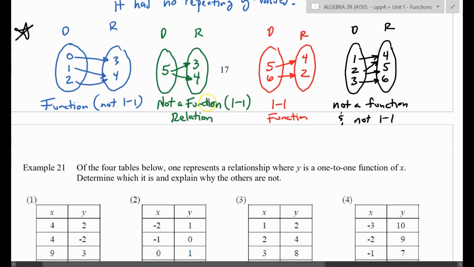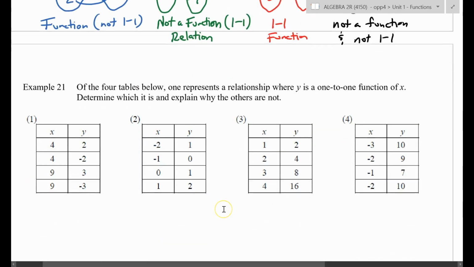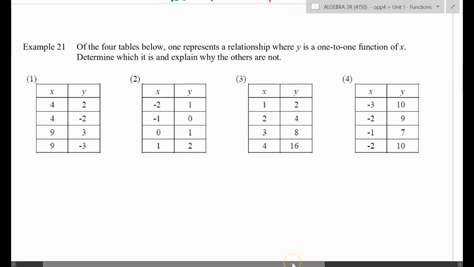The nice news is when you look at this mapping, and now you come down here and look at this chart, we can now do the exact same thing, can't we? So if I look at example 1, I want to know which of these is a one-to-one function. So one of these is a one-to-one function.